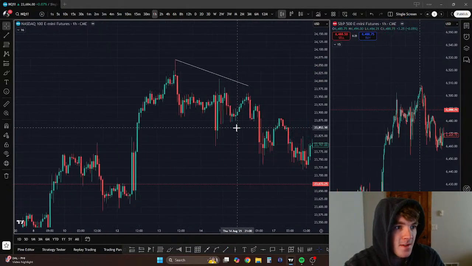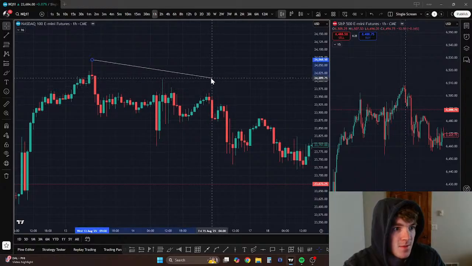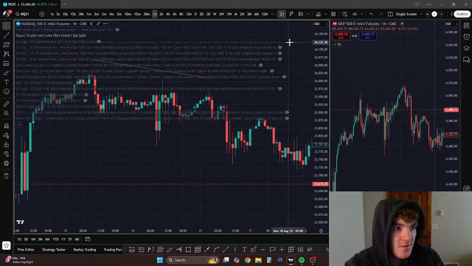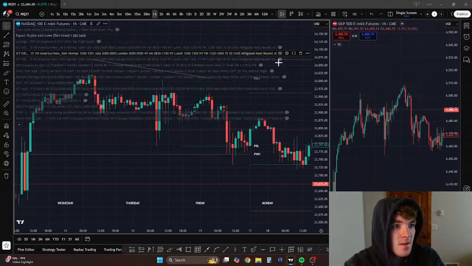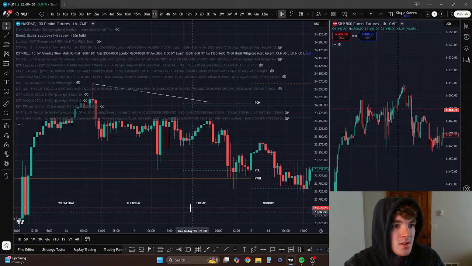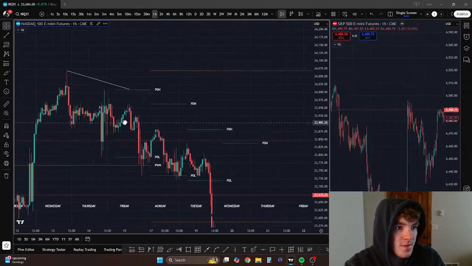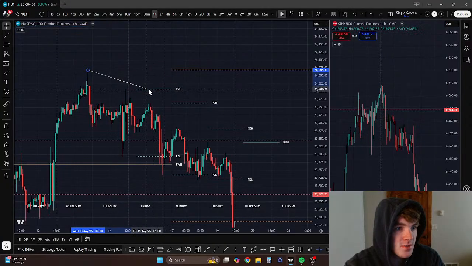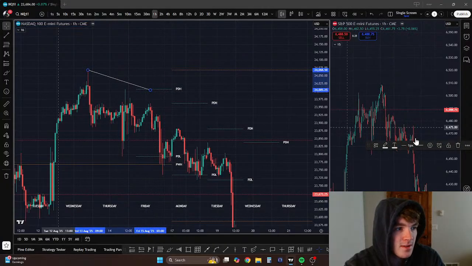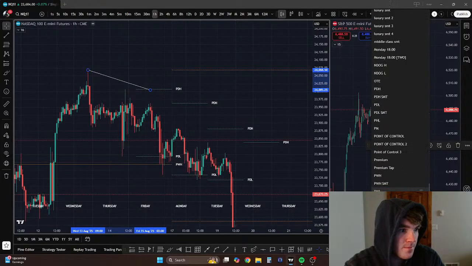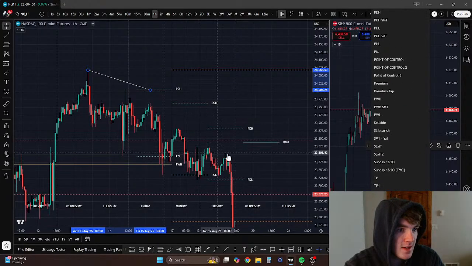That's the point, right? What was this, a significant high? This was previous week's high. We have SMT with previous week's high.